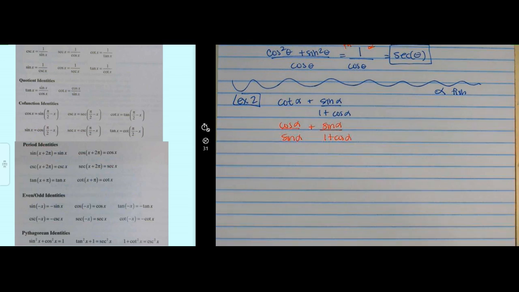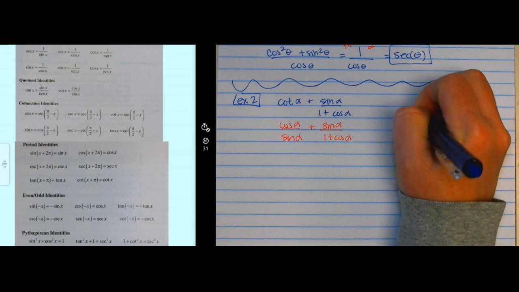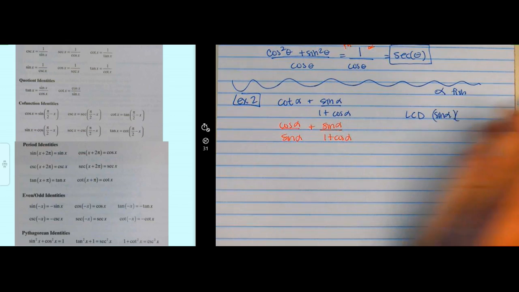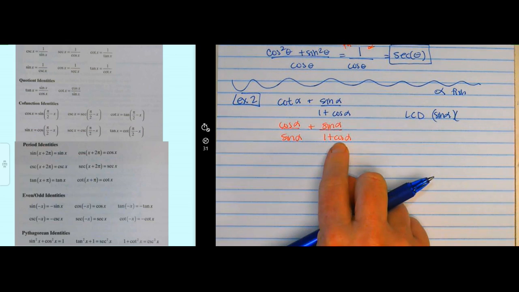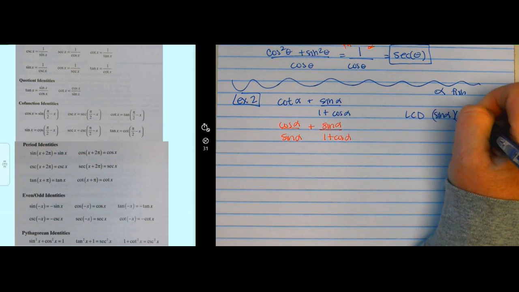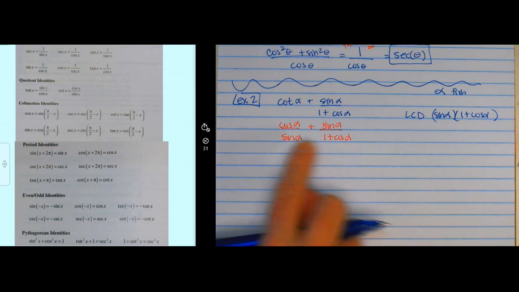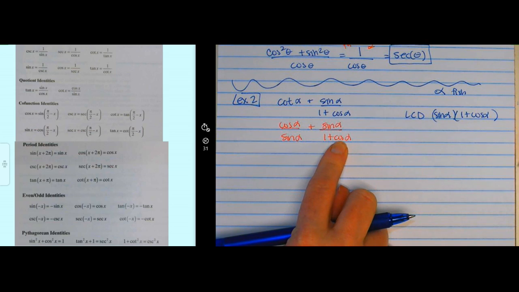But here I have 2 fractions that I can't add together because they do not have a common denominator. So the least common denominator is going to need sine of alpha. This is one of the denominators, and that needs this one. 1 plus cosine of alpha. Which means that I need to give this one a 1 plus cosine, and I need to give this one a sine.